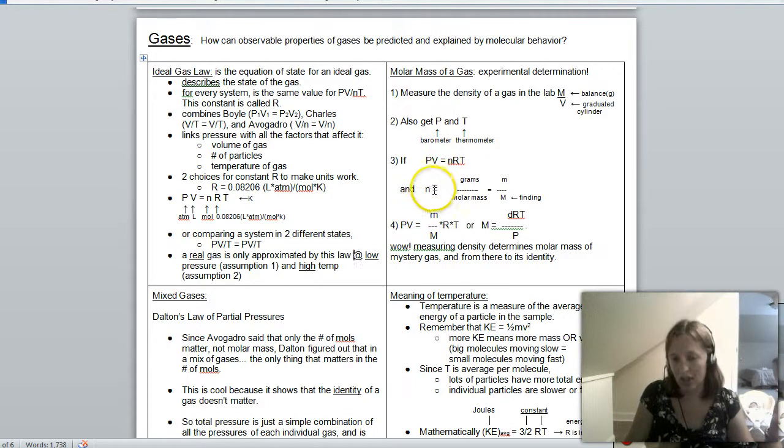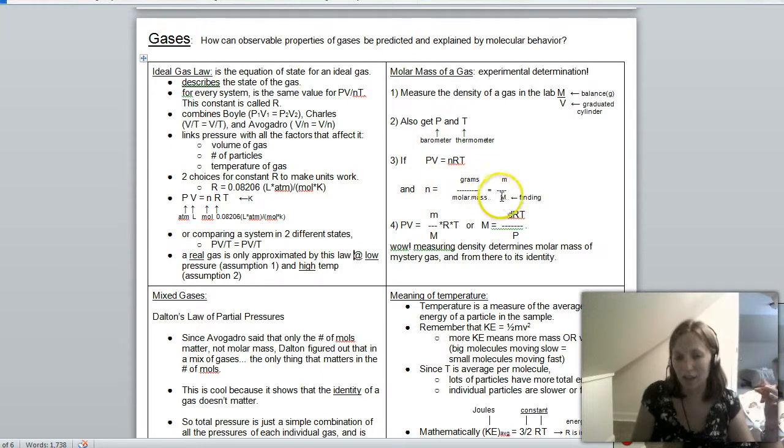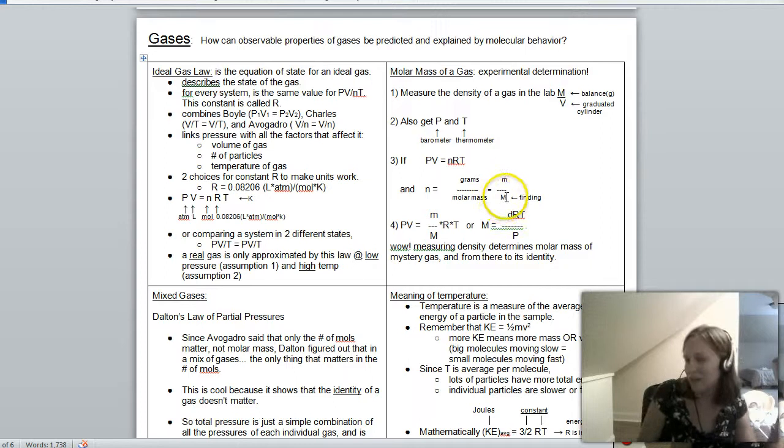So you've got your n, and you know how many grams of gas there are. And you also know that the number of moles is the grams divided by the molar mass. You know n, you know grams, so you can solve for molar mass. So you can find this capital M, which is usually italic.